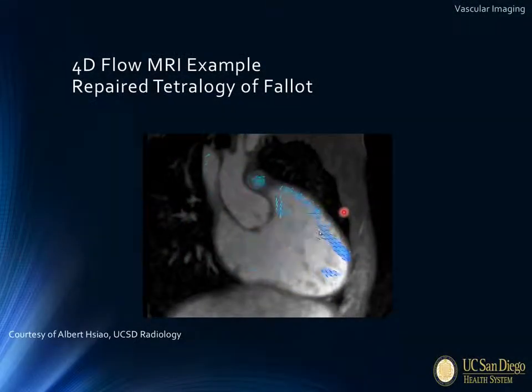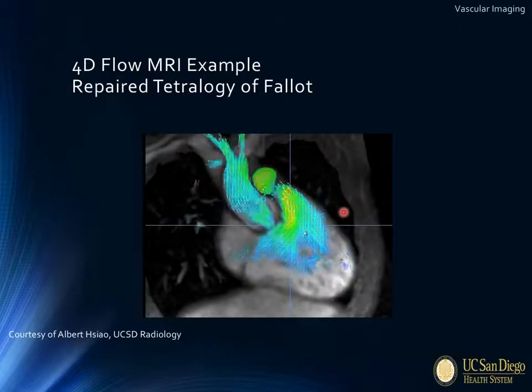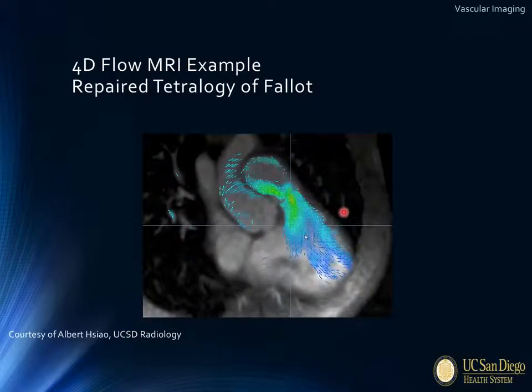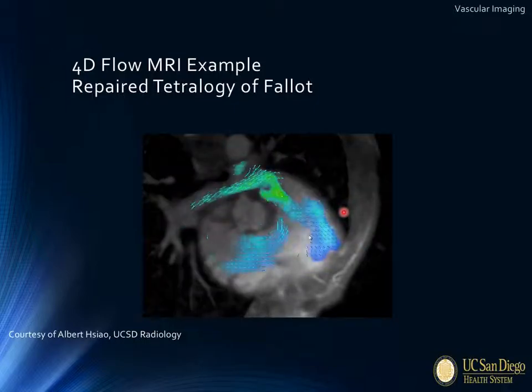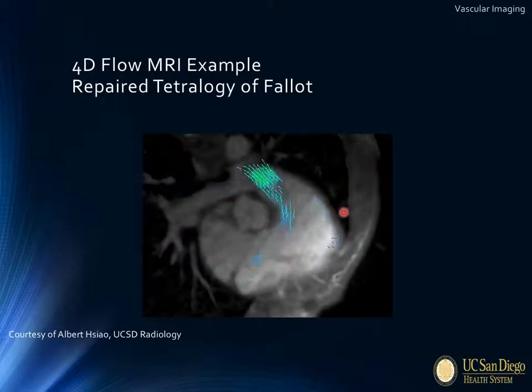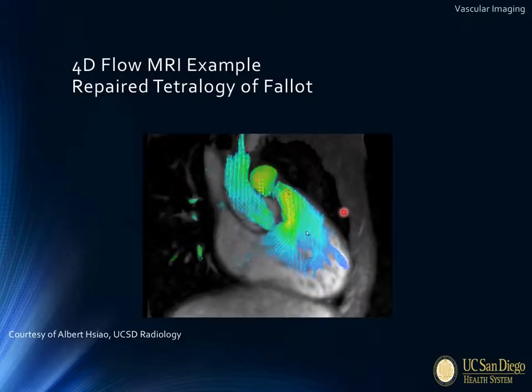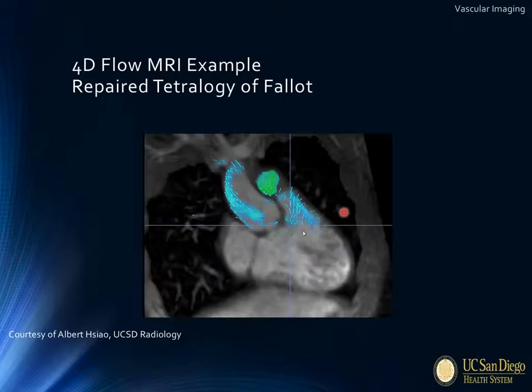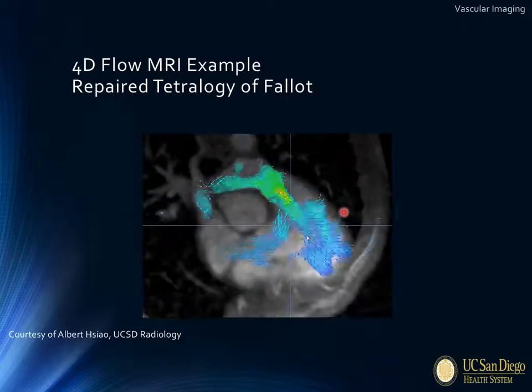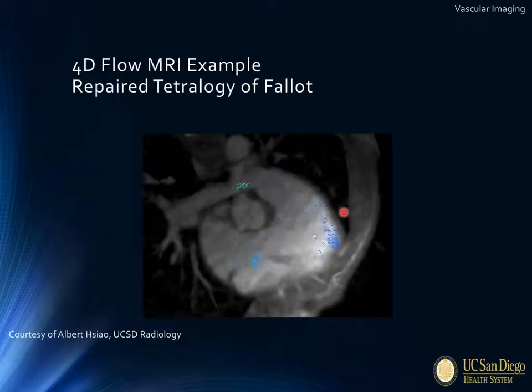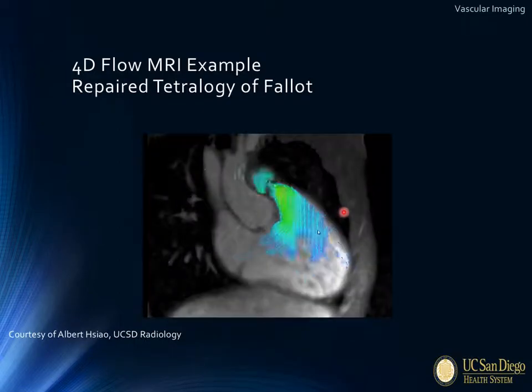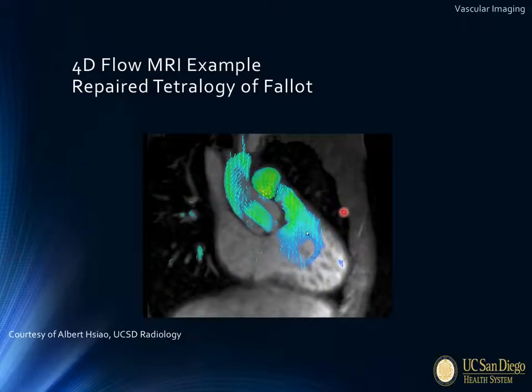And so here's some examples of what's called 4D flow, from Albert Schau, who's here at UCSD, where you let the patient breathe and you acquire images for about 20 minutes and you make a full 3-dimensional displacement field at multiple time points through the heart cycle.